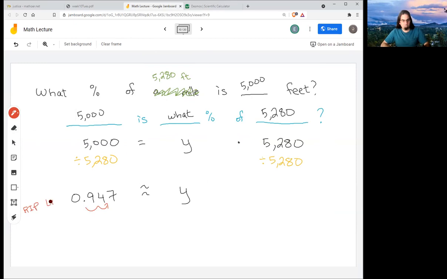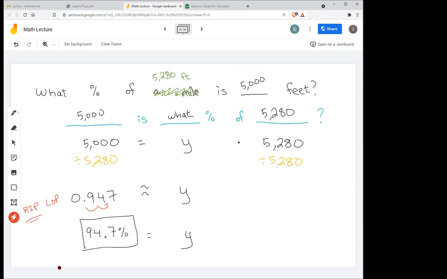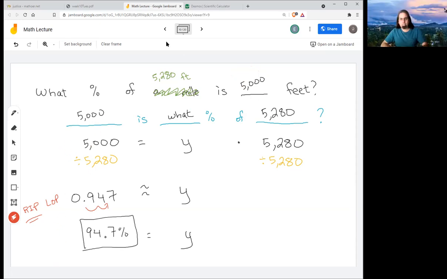Go right into percent. Okay, does that make sense? We're almost to a mile, but not quite with 5,000. Yeah, okay, so that's your warm-up problem.